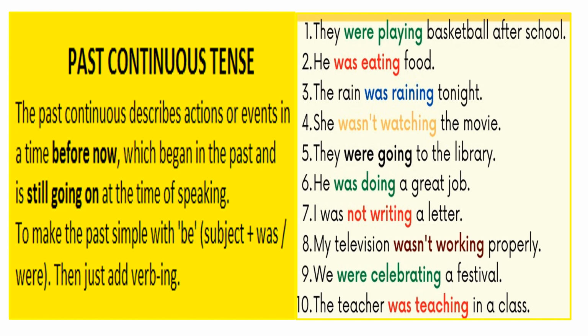Now, in simple words, the past continuous tense denotes an action that was going on at some point of time in the past, and it expresses an action continuing over a period of time in the past.